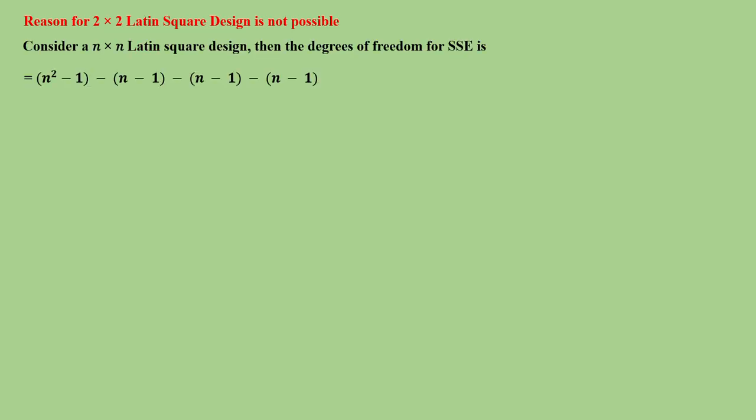Next, the reason why a 2 by 2 Latin square design is not possible. Consider an n by n Latin square. The degrees of freedom for the error sum of squares, ESS, is n square minus 1 minus n minus 1 minus n minus 1 minus n minus 1. That is equal to n square minus 1 minus 3n plus 3, that is n square minus 3n plus 2, so n minus 1 into n minus 2.